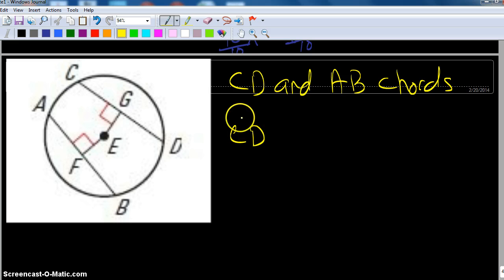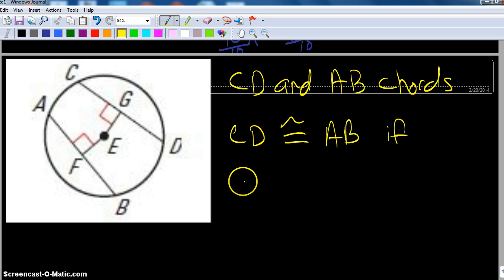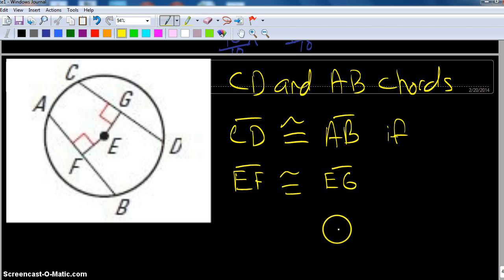And C and D is congruent to A and B if EF is congruent to EG. And they work vice versa.